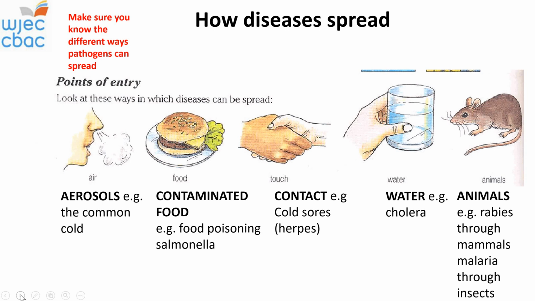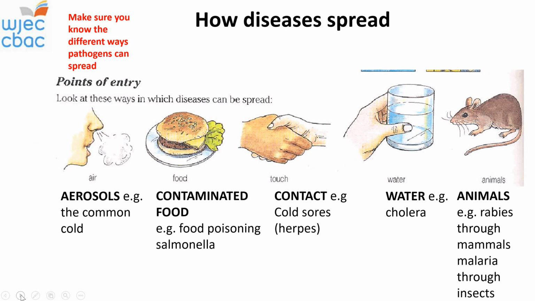An aerosol is when we cough or sneeze or breathe out of our mouth, any particles that we have in our body, any bacteria and viruses, instantly go into the air. So when you sneeze, you actually create quite a large surface area of these particles in an aerosol. So the common cold, flu, COVID-19 all spread in this particular way.